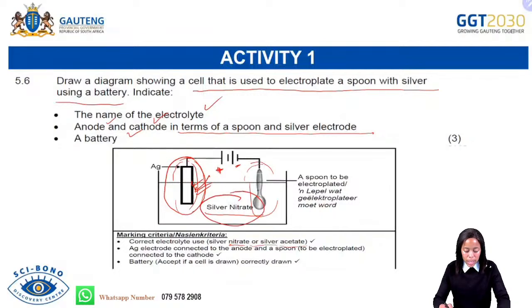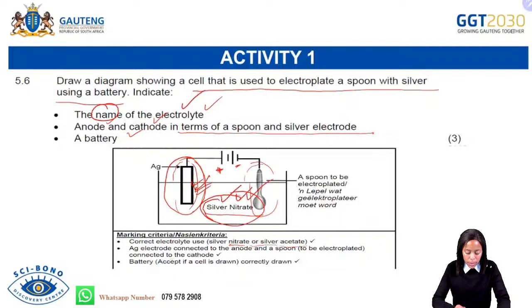Okay, so silver nitrate in this case, because on the question, they said that you must write the name of the electrolyte. If they said that you must write the formula, then you would have your AgNO3. But because they said you must write the name, we are going to write it out in words and say silver nitrate. So you will get a mark for using the correct name there.